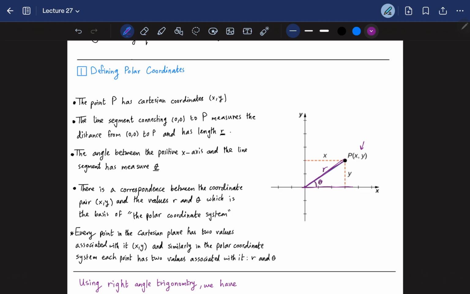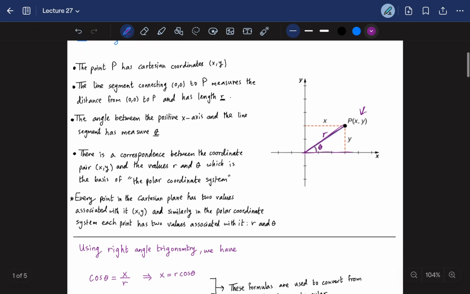So now this correspondence between the coordinate of x, y and the values r and theta corresponding to that point is the basis for our polar coordinate system. So keep in mind, any point in the rectangular or Cartesian coordinate is connected to an r and a theta value. Now, every point in the Cartesian plane has two values, right? x and y.